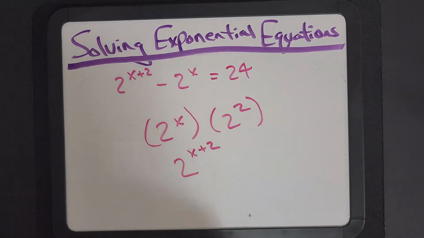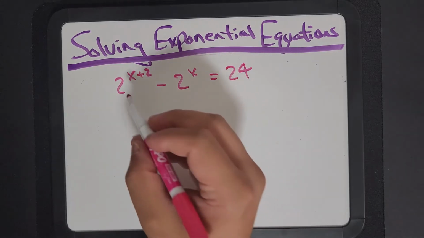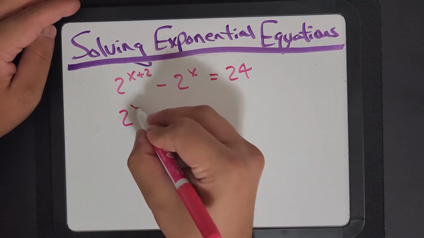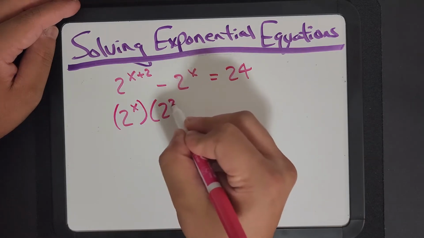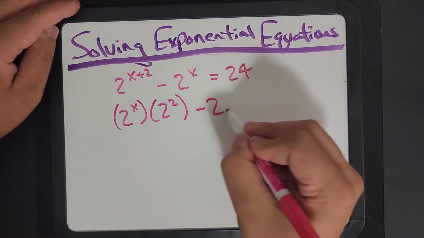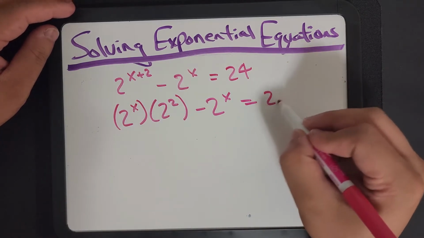So that's how we're going to split this one here. 2 to the power of x times 2 to the power of 2 minus 2 to the power of x is equal to 24.